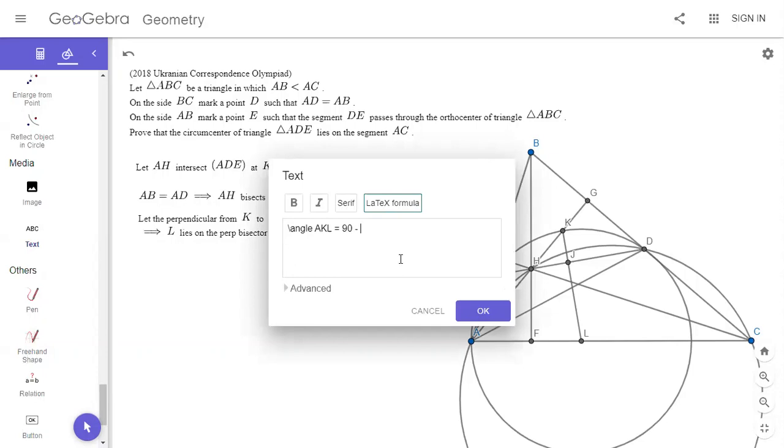Actually, there's a whole bunch of ways to do this, but I'll do it like this. And that's equal to angle BDE, I think.